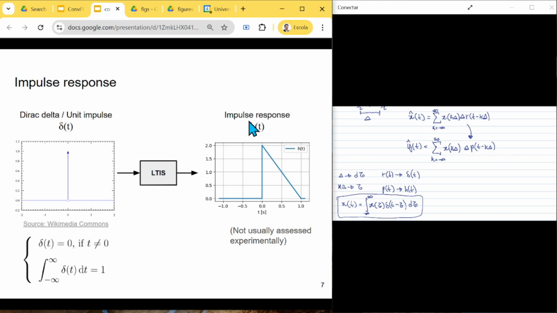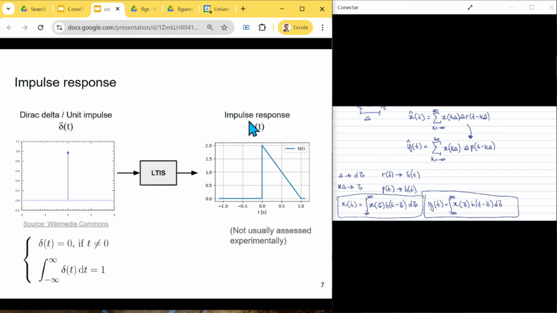And this will allow me to define the output as a sum of impulse responses, as a sum of responses to the Dirac delta. So I just reproduce the equation here, y of t, no hat because it's no longer an approximation, integral from minus infinity to infinity, x of tau for amplitude, and where I have the impulse, I will have the impulse response, h of t minus tau d tau.